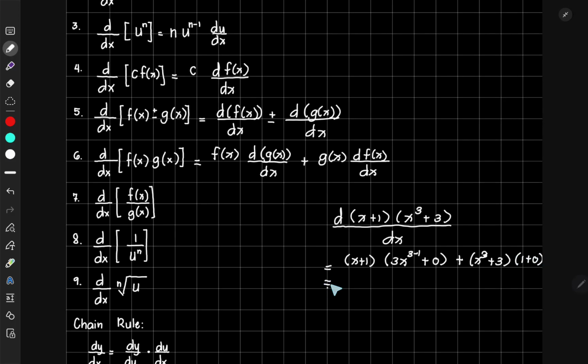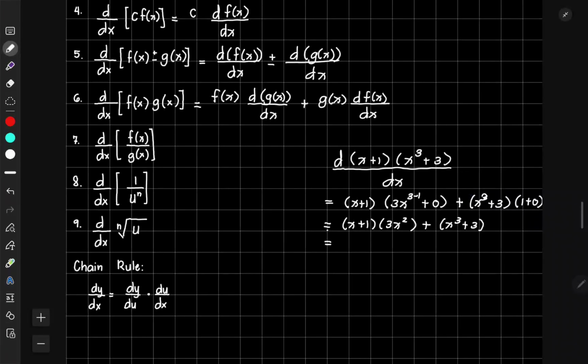So, yung sagot for this problem would be x plus 1. So, ito will become 3x squared. So, plus. So, this one naman is 1 times x cubed plus 3 lang naman yan. So, x cubed plus 3. So, simplifying the equation. So, this will become 3x squared times x, we have 3x cubed.